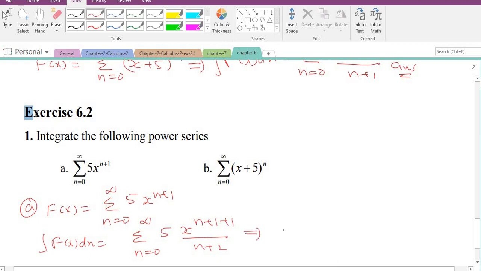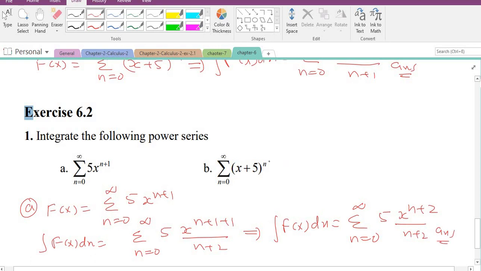So the integration of the power series f(x) dx is the summation from n equal to 0 to infinity of 5 times x^(n+2) divided by (n+2). This is the answer of that question.